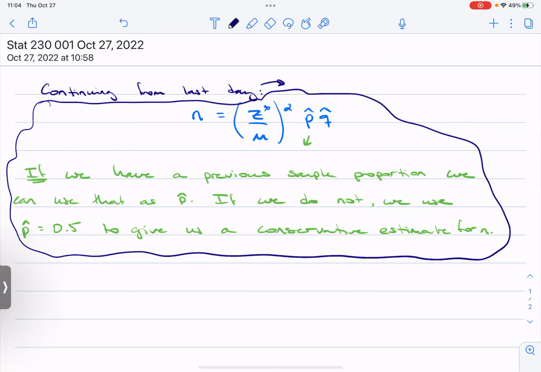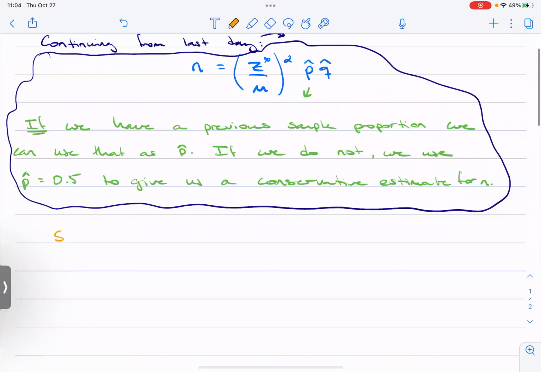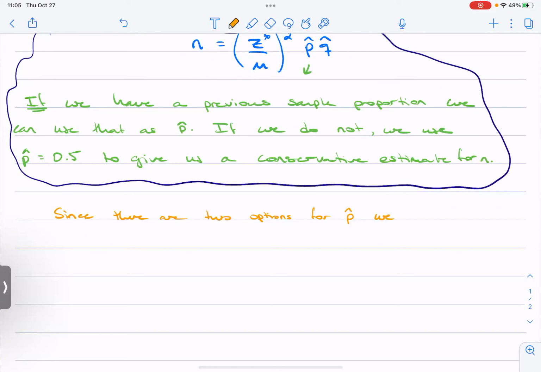So since there are two options for p hat, we usually denote it by p star instead, just a placeholder.